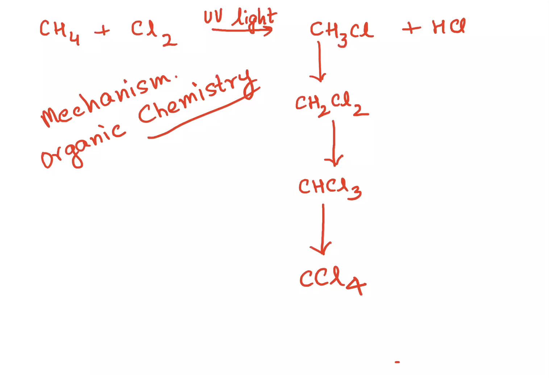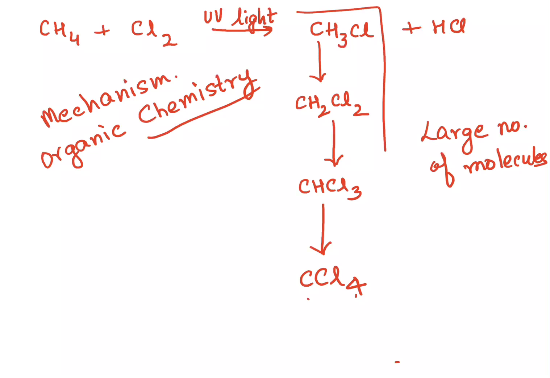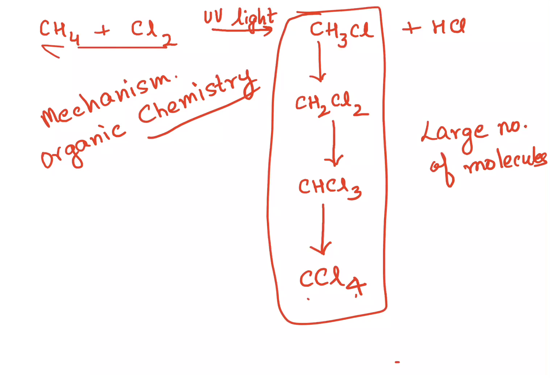So this reaction can go down up to CCl4, but since there are a large number of molecules in a very small sample also, we get a mixture of these products when we carry out the halogenation. The end result or the products are still the same. We are going to get a mixture of the products which are not easy to separate under common laboratory conditions.